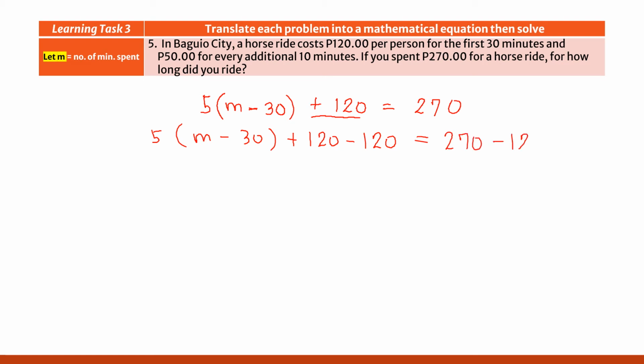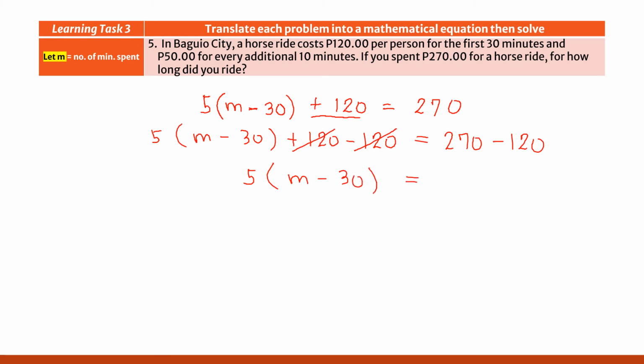minus 120. So, dito, ini-apply natin yung subtraction property of equality. So, makakancel yung 120 and negative 120. So, ang natira ay 5 times the quantity m minus 30. Okay?